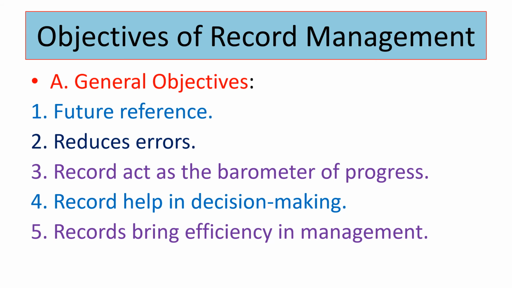Records act as a tool in the hands of the management. Next is records bring efficiency in management. A good system of records management provides timely and accurate information to the executives, and timely and accurate information helps in management.